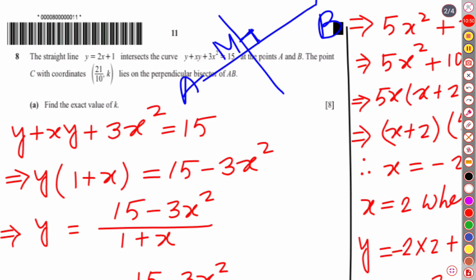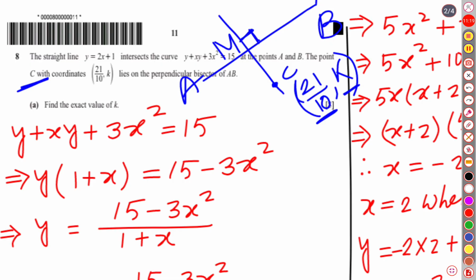And another point, they have told that C is a point, suppose here there is C, and the coordinates of C are 21 over 10 and K. The x coordinate of C is given, 21 over 10, but the y coordinate is missing.